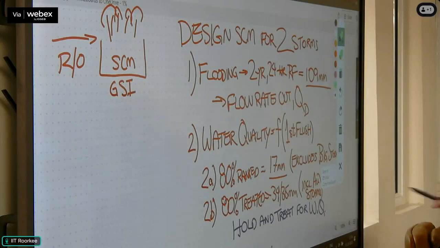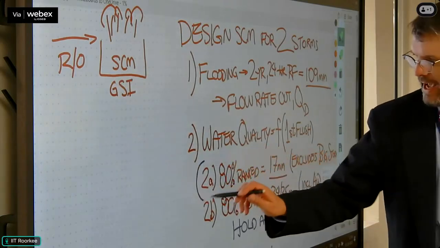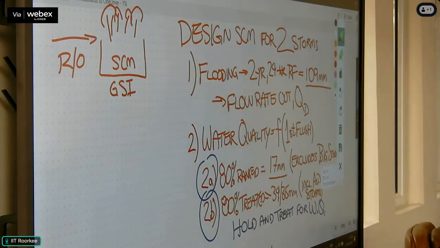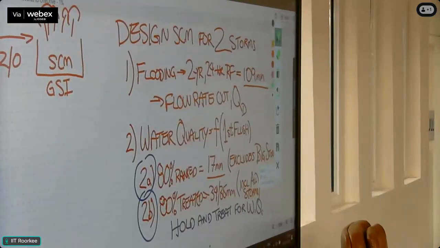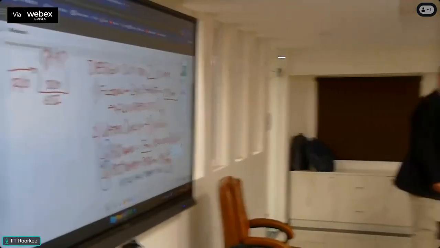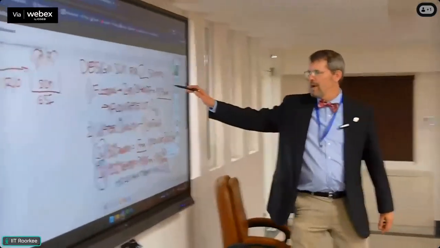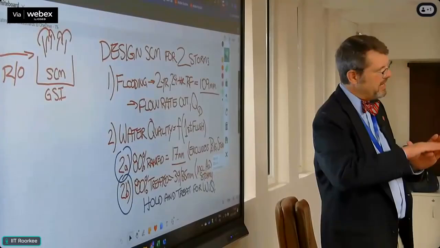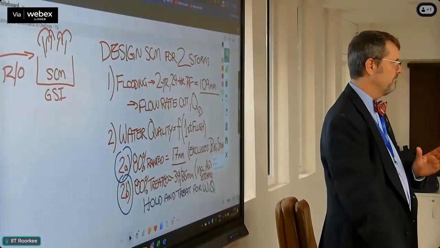It's this volume here, either the A or the B, that's going to determine how big your practice is. All right? This one is about flow rate. This is about capturing a volume, holding it, and slowly releasing it.